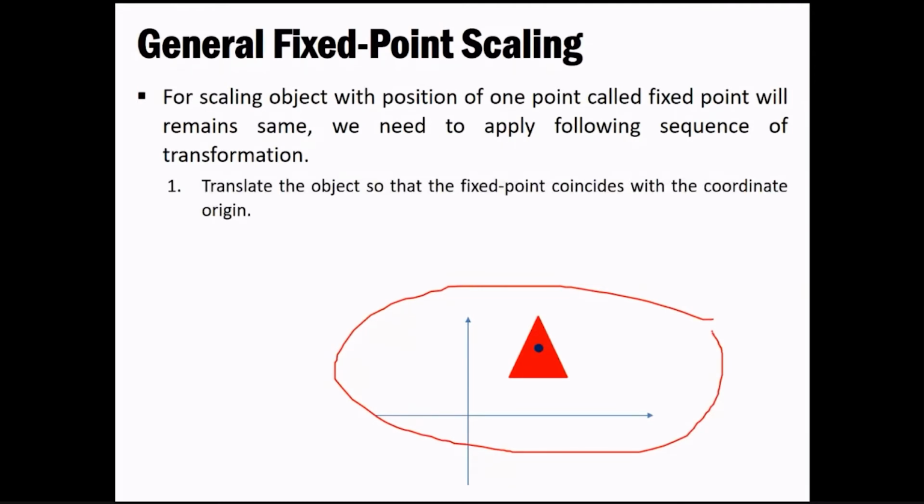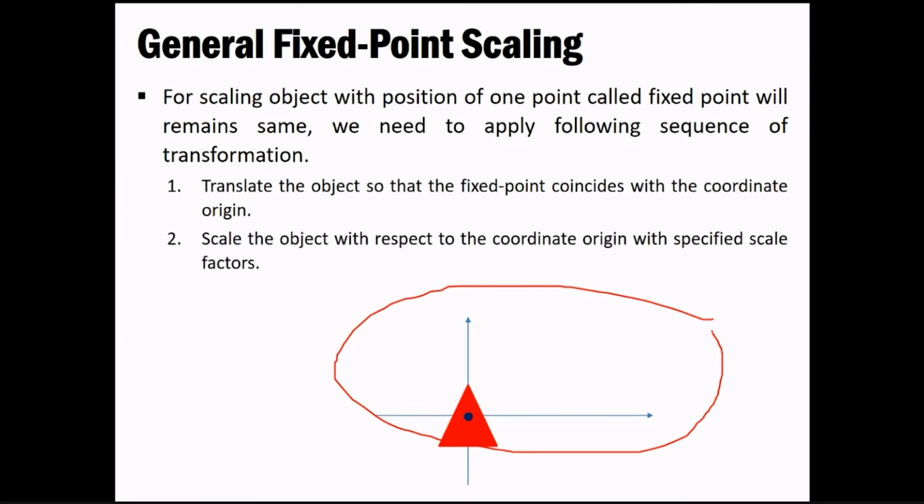What we want to do is not reposition it. We want to perform some scaling operation, and again put it on its original position. First thing that we can do is translate the object so that the fixed point coincides with the coordinate origin. We have to take it out of that location and put it at the origin.